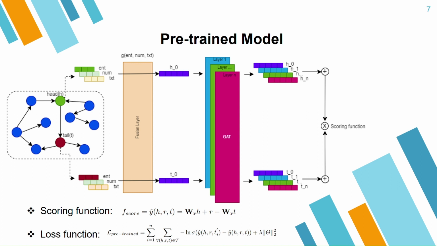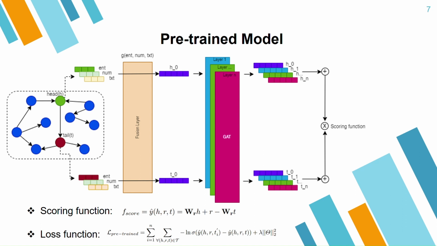So I will explain about the pre-trained model. Look at the figure. From the graph, we take the triplet, this means the head, relation, and tail. And from the entity nodes, we take the entity embedding, the numerical and the textual vectors, and we push them into the fusion layer.